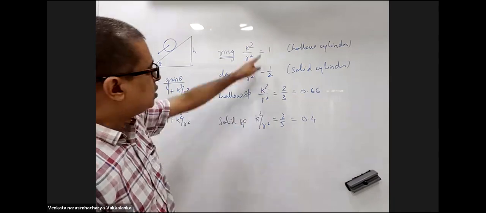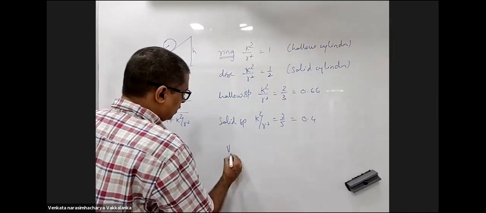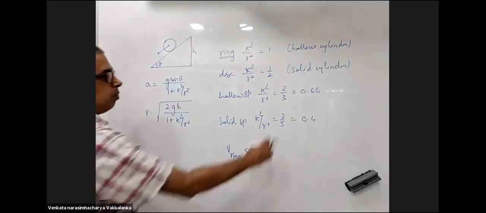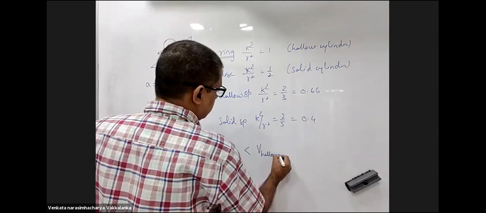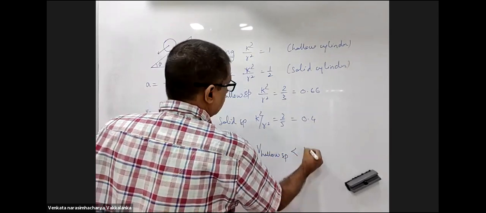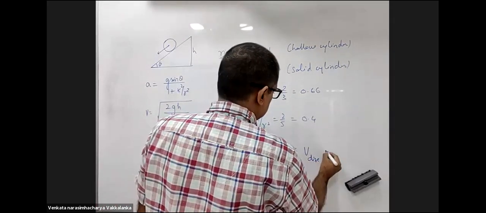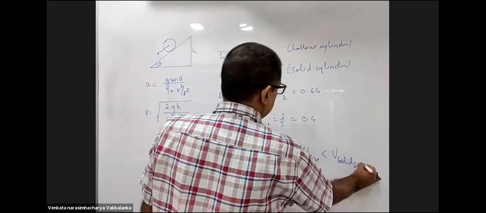So, which is the greatest? Ring is the greatest. Velocity of the ring will be the least. After that, 1.66, velocity of the hollow sphere. After that, velocity of the disk. Slowest will be solid sphere.